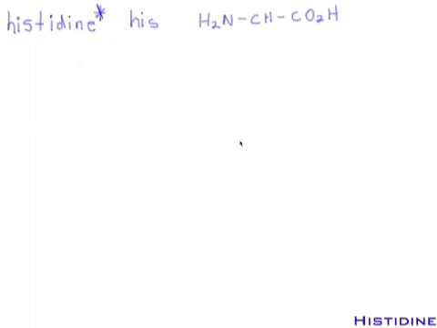What's amazing about this is where that ring structure attaches. It's a 5-membered ring with 2 nitrogens in the 5-membered ring. So it's a lone pair here, and 2 pi bonds. Interesting. But it doesn't just have this structure.